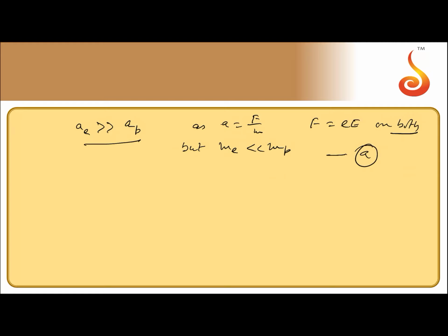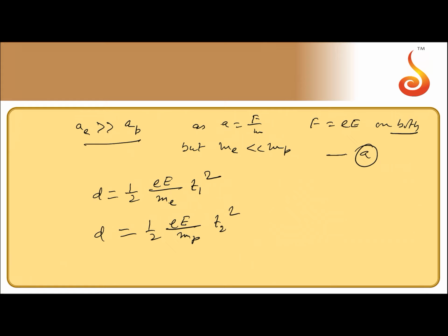And now for time ratio, both are moving the same distances in different times, t1 and t2. So suppose half E by Me for electron into t1 square, and for proton we can write half E by mass of proton into t2 square. So let us divide the two equations.